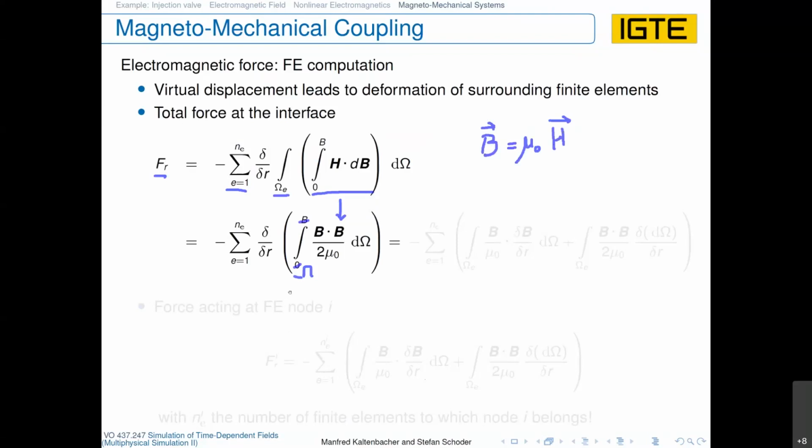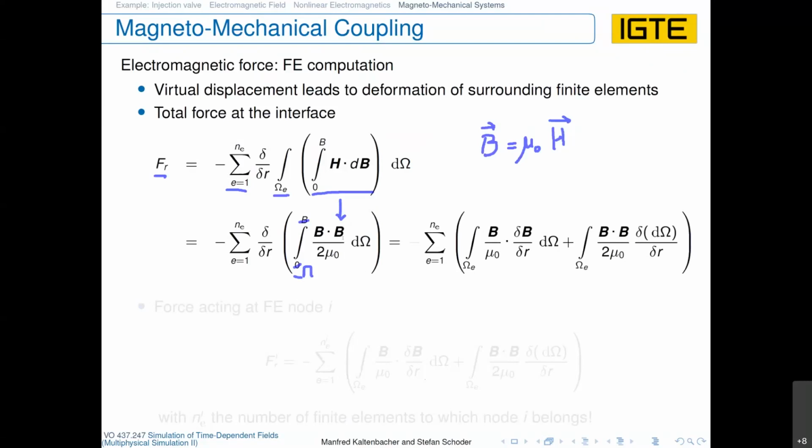Okay, and when we do the variation, we can have the variation according to a change of the magnetic field B and due to a change of the volume, because when we do a displacement, the volume of this finite element surrounding the body will change in its shape. This is actually nothing else than B squared.